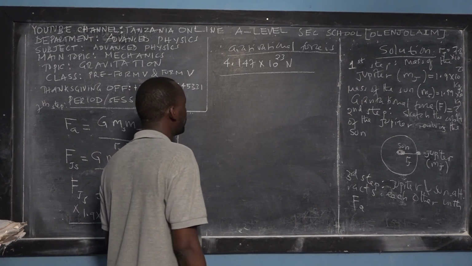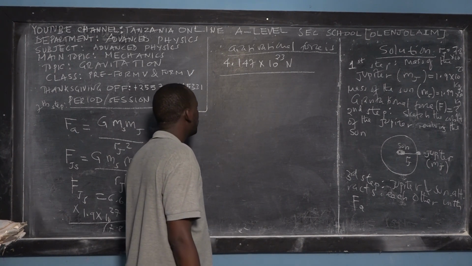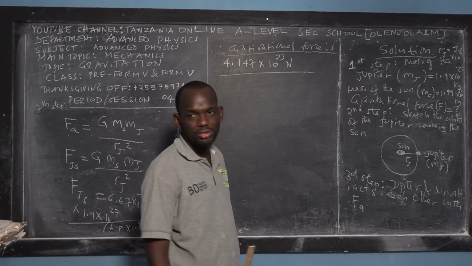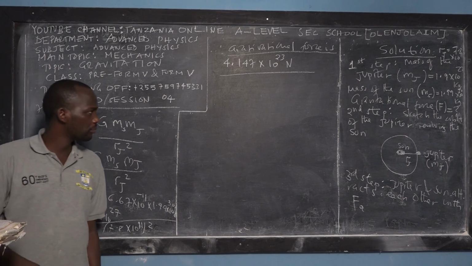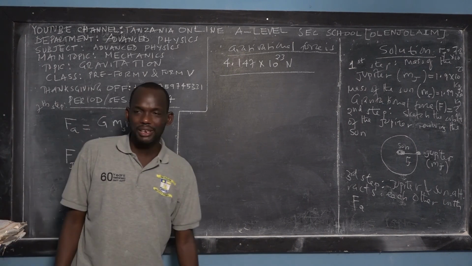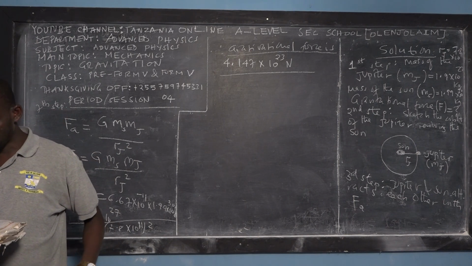That's the gravitational force between Jupiter and the Sun. That was Roman A. Now have a Roman B. Can you try? Calculate the speed of Jupiter.